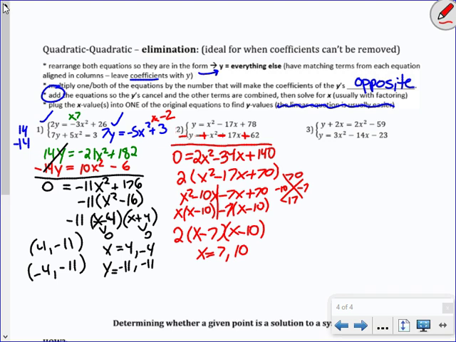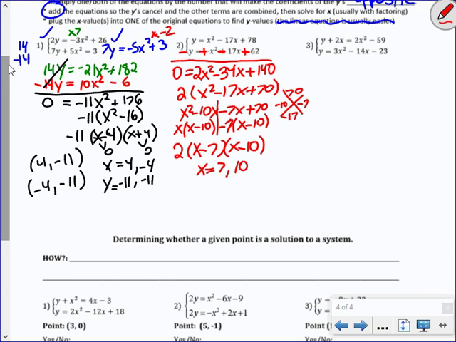Now we need to go on to find the y values. Big numbers. So 49 minus 17 times 7 plus 78 is 8. For 10, it is 100 minus 170 plus 78, which is also 8.